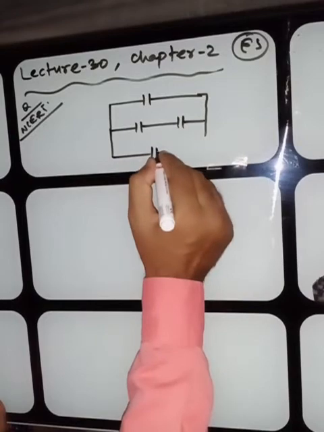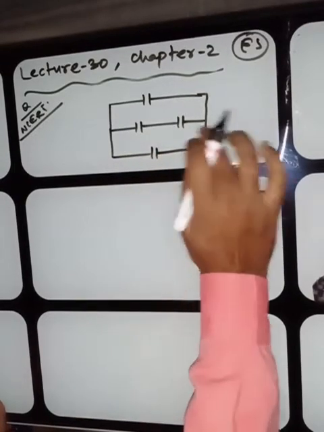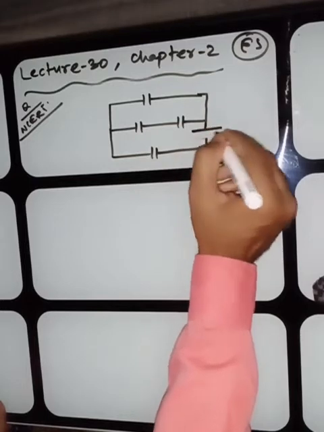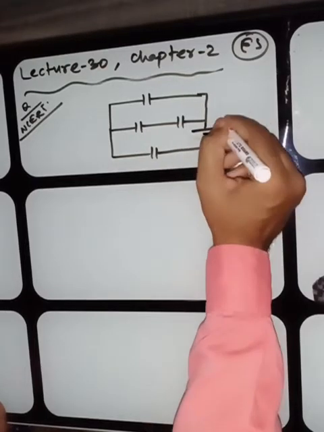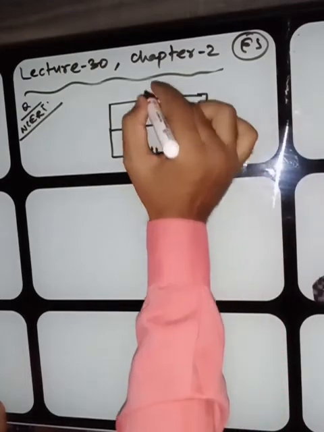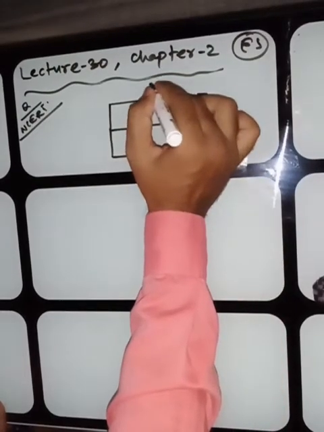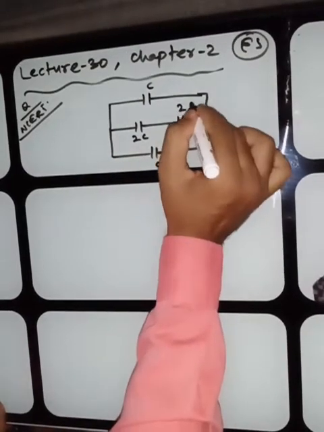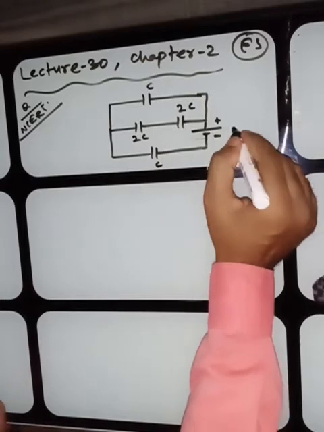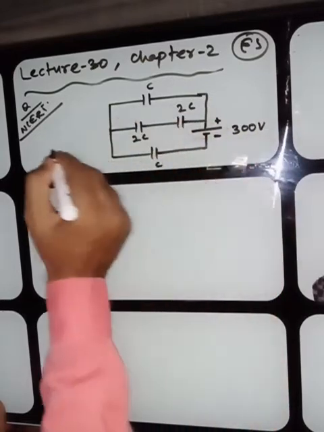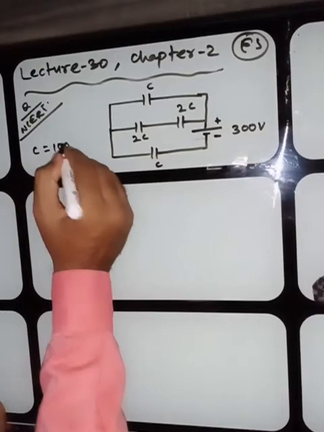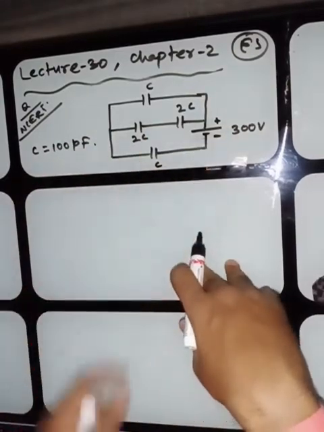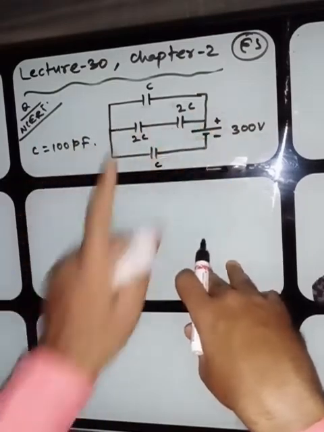A few methods are very easy. Here the battery is given, with positive terminal and negative terminal. Suppose this is C, this is also C, this is 2C and this is 2C. In NCERT it is given as 300 volts and this C is 100 picofarad. The space was very small, that's why I have written C here.